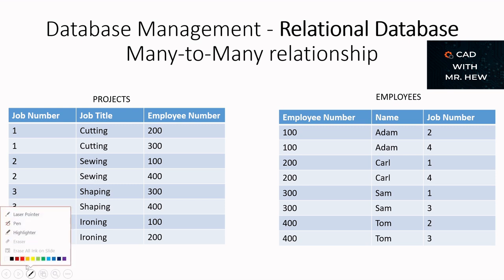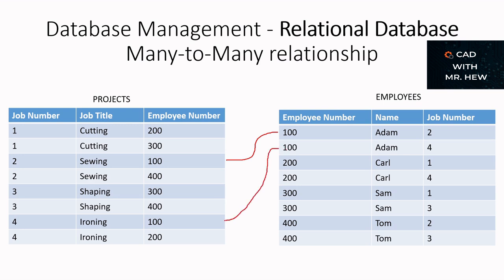So here now we can see that Adam will be assigned to job number 2. He will be assigned to job number 4. Then the next employee, which is Carl, he will be assigned to project 1, right? And he will also be assigned to project 4, yes?